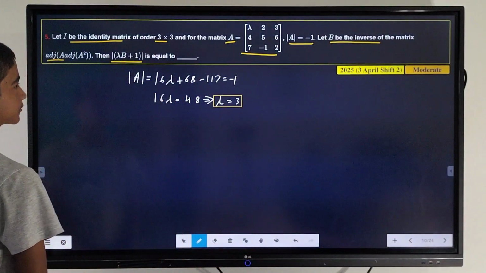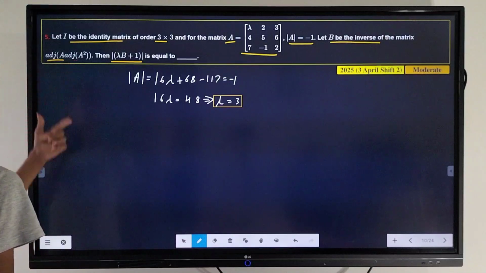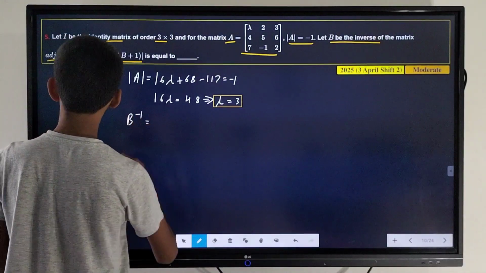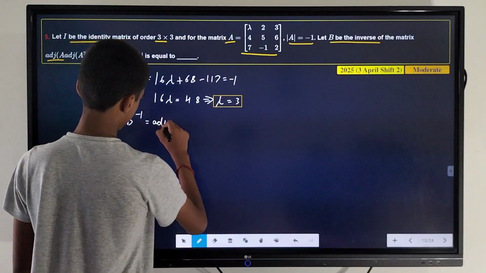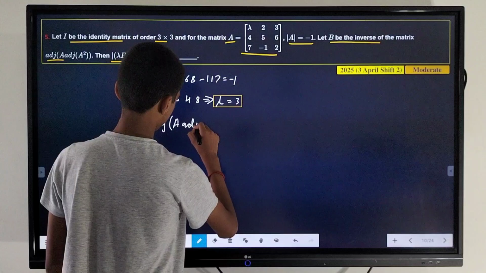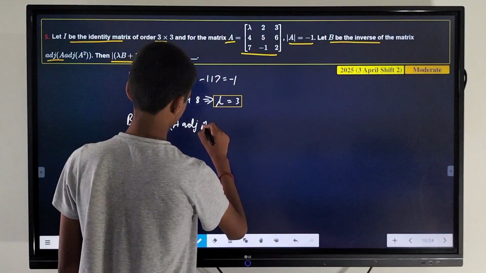Our lambda is equal to 3 and B is inverse of this matrix. So we can write B inverse is equal to adjoint of A adjoint A square.